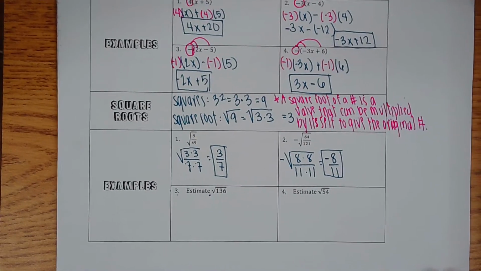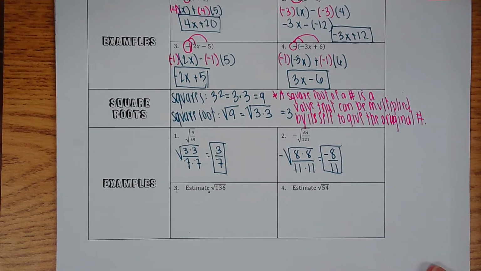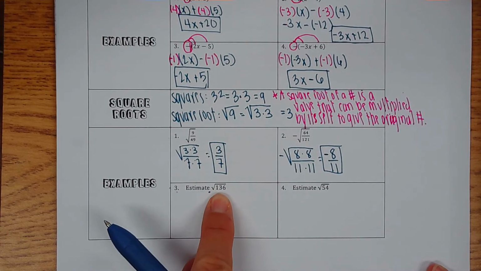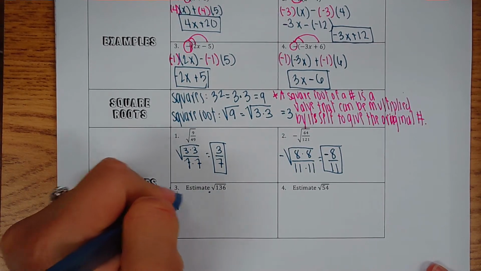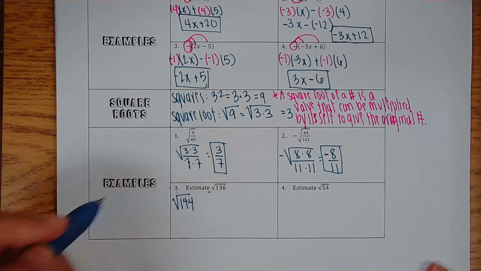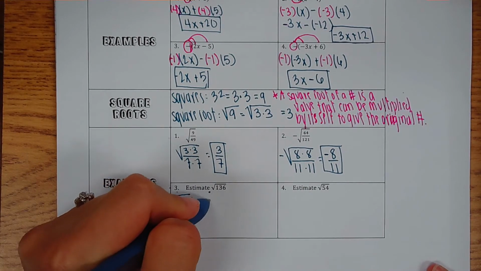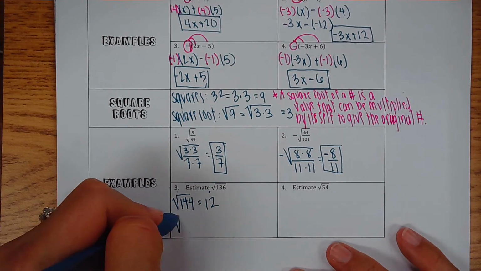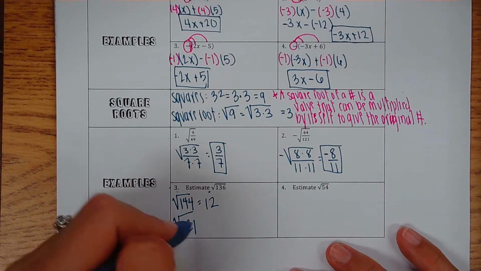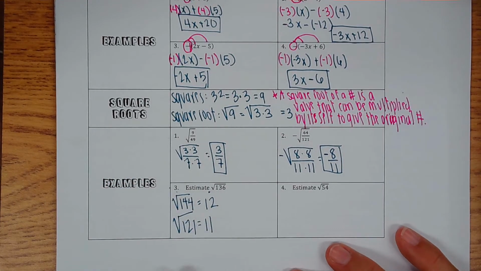All right, this time we're going to estimate the square root of 136. Well, I know the square root of 144 is 12. And I know the square root of 121 is 11.